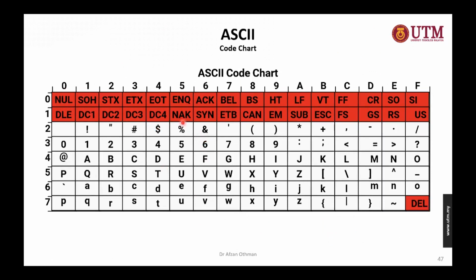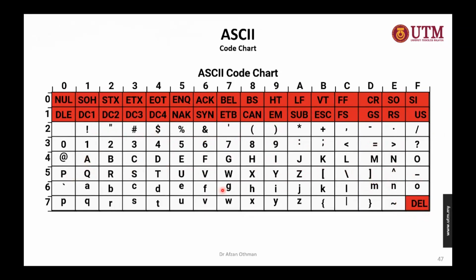So this is the ASCII code chart. Here are the special functions that I told you earlier, such as delete, spacebar and so forth. Then these are the symbols, and this is the capital letters.